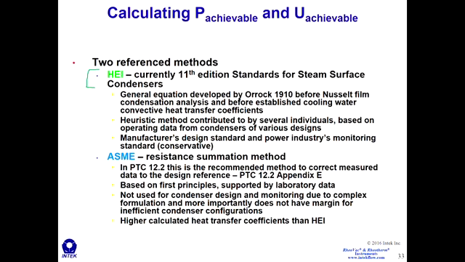The general equation was developed by Orrok in 1910 before some important new analysis had been finished. It is a heuristic method, so it's based on operating data from condensers of various designs. It's basically an equation that fit condensers made in that era, and it's been updated throughout the years. It is updated by condenser manufacturers, and it is the design standard in the industry around the world, actually, for main condensers.